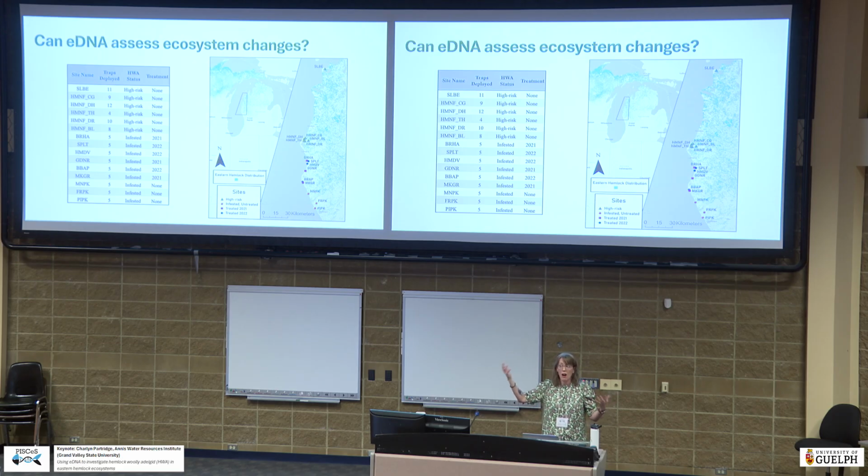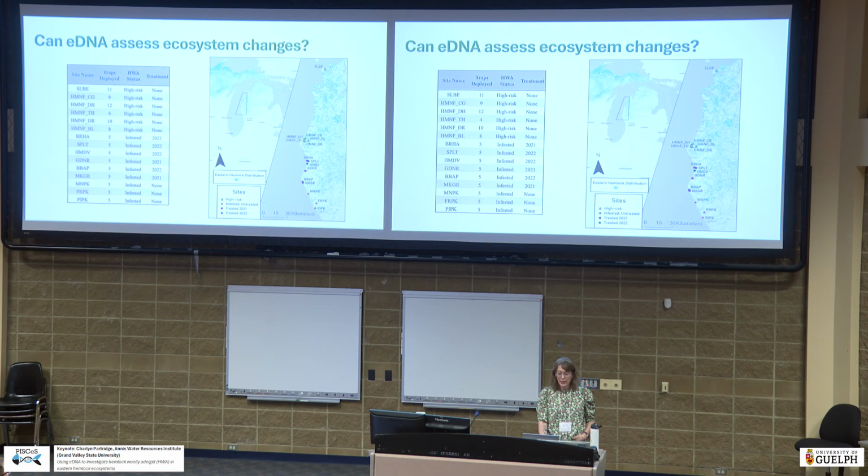And we knew that we caught DNA from other things because you could look at it and you could be like, there's tons of pollen on this trap. Or my students would be looking at it and there's like an insect leg. So we knew we were getting DNA from other things. So we were like, well, can we sequence this and figure out if there are different communities present in infested versus non-infested areas? And so that's what we did. So this was kind of like a proof of concept thing.